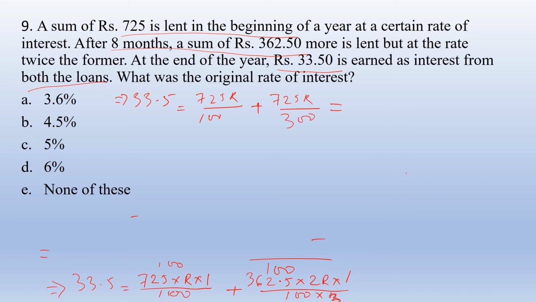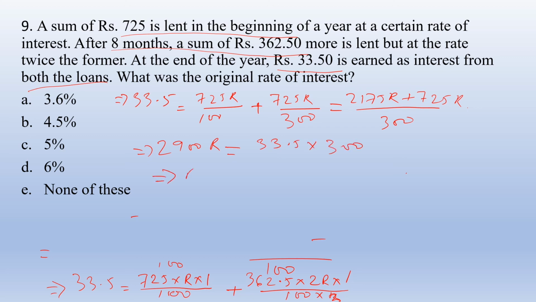Here we have to take the LCM, so the LCM is 300. 725 multiplied by 3 is equal to 2175 R plus 725 R. So from here it follows 2175 plus 725 is equal to 2900 R, which is equal to 33.5 multiplied by 300.